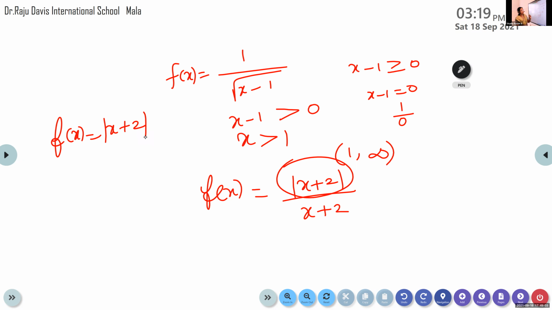So we have to find the point at which the denominator becomes 0 and that should be removed. So what will be the domain? You can take all the real values except minus 2, isn't it? R minus {-2}. All the real values except minus 2.